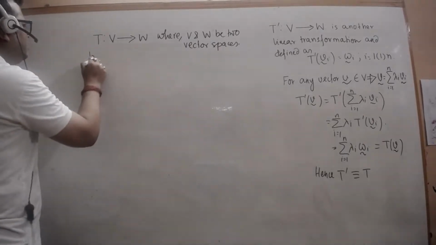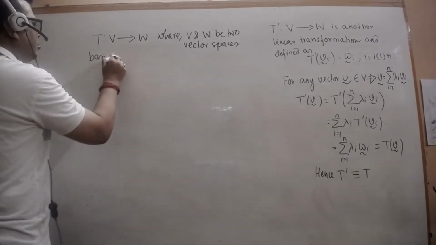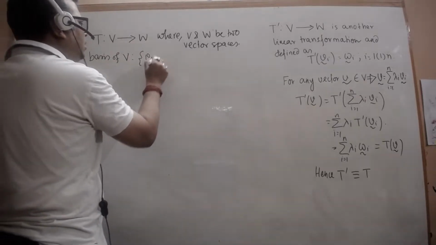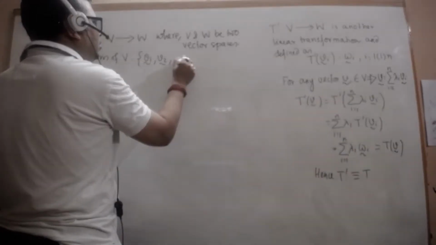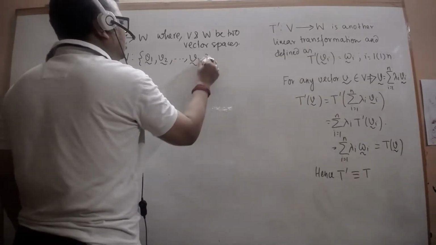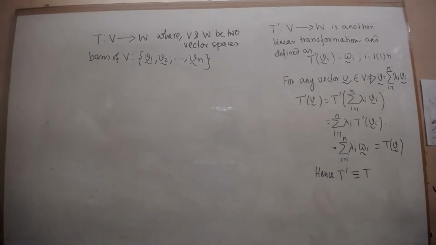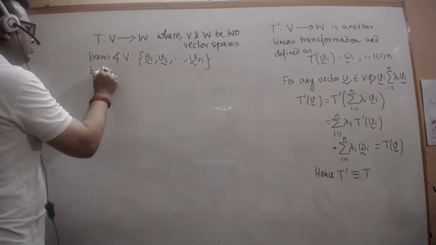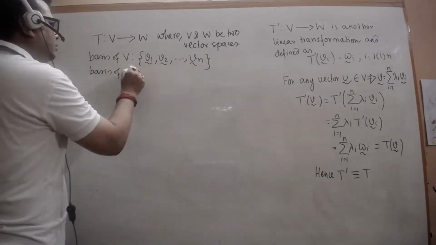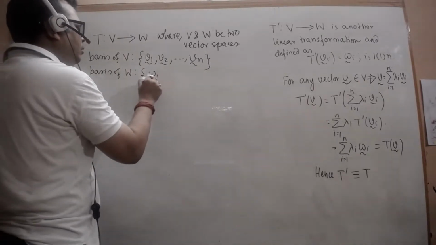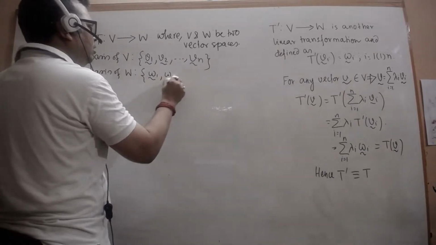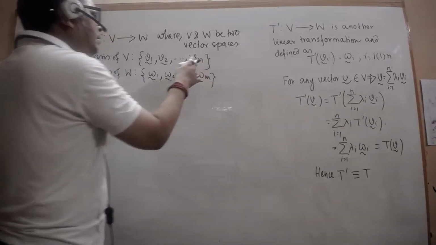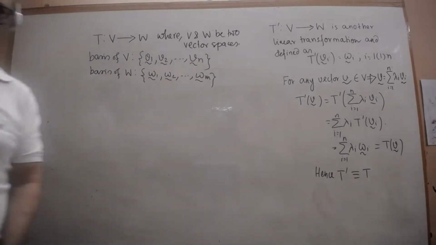Let the basis of V be v1 curve, v2 curve, ..., vn curve, and the basis of W be w1 curve, w2 curve, ..., wm curve. Here m and n may not be the same.